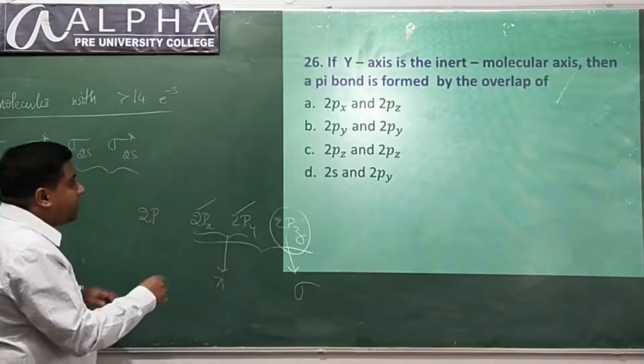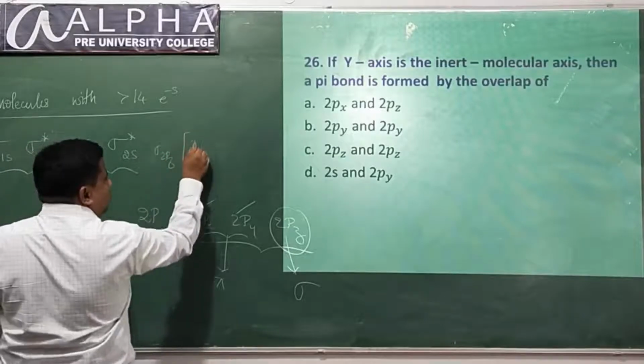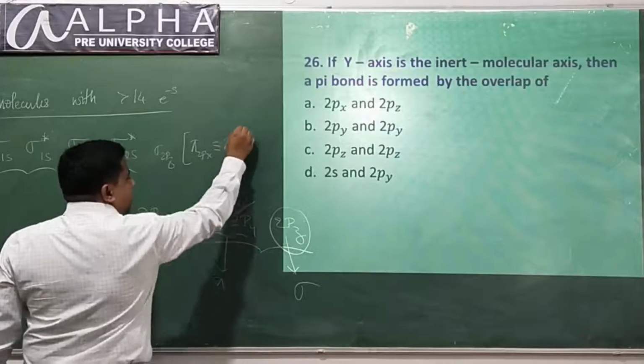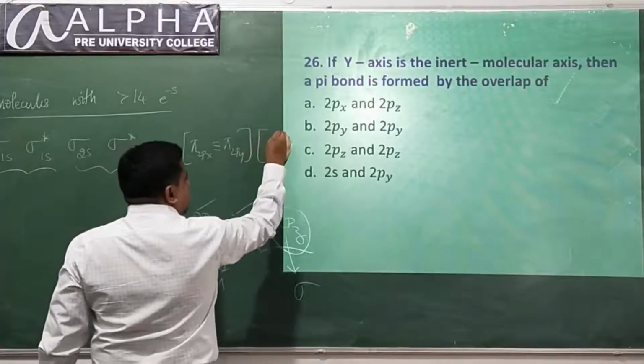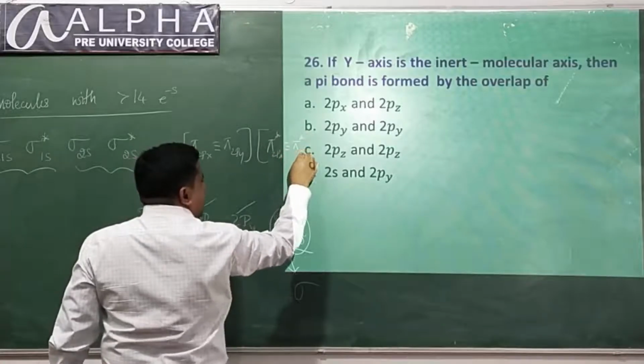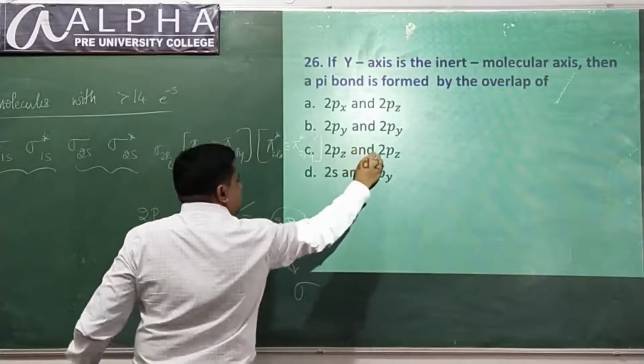That is why we used to write sigma 2pz, pi 2px equal to pi 2py, then pi star 2px, pi star 2py, and lastly sigma star 2pz. That is what it means to say.